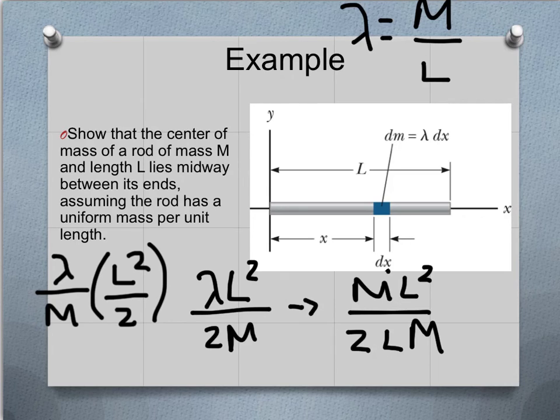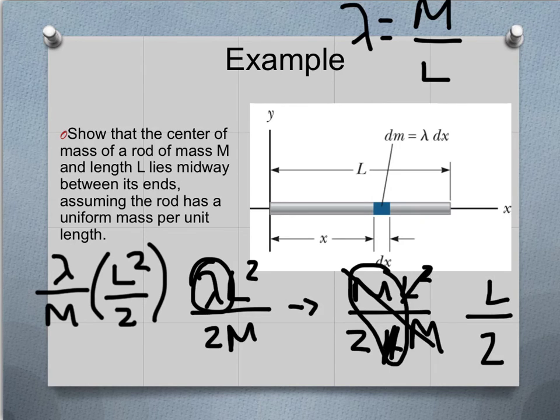This m divided by L just came from plugging that in for lambda. Ultimately the masses are going to cancel here. One of the L's will cancel, so this 1 in the denominator is now gone. I'm left with just 1 on the top, so L over 2 is equal to my center of mass, or we could say 1/2 times the length.